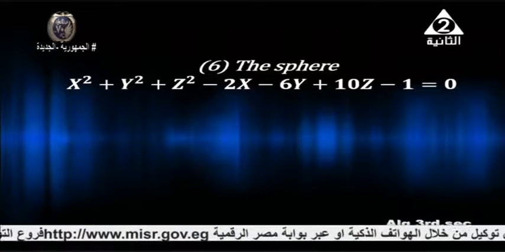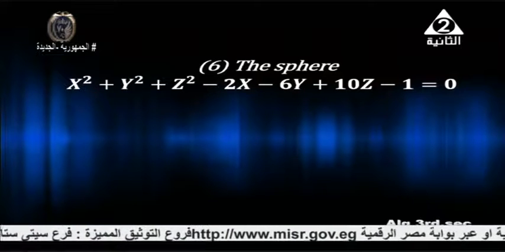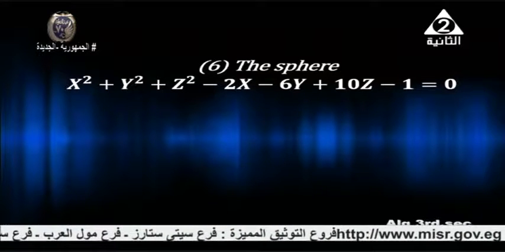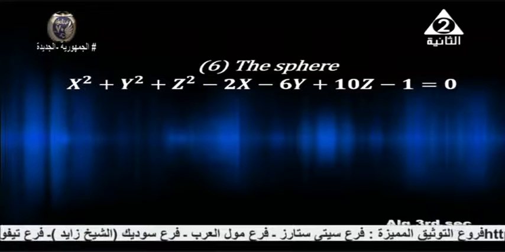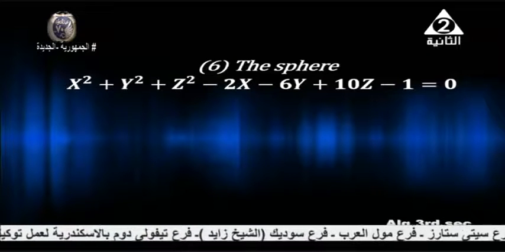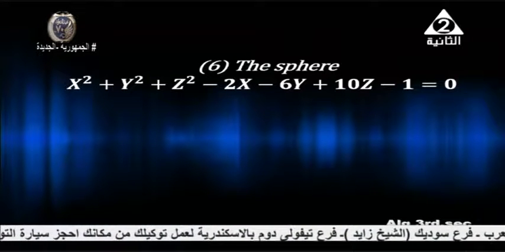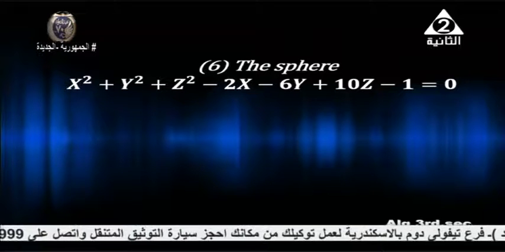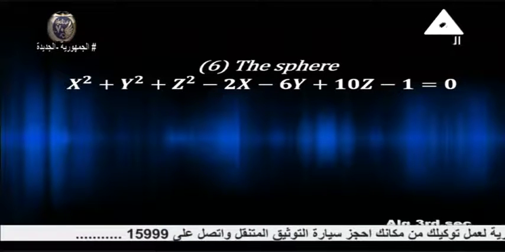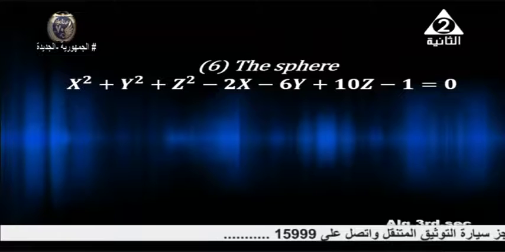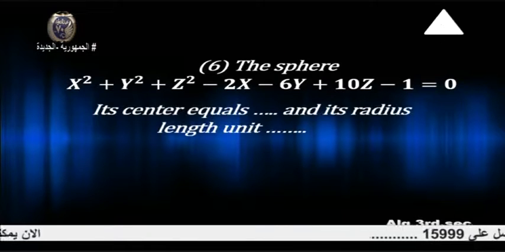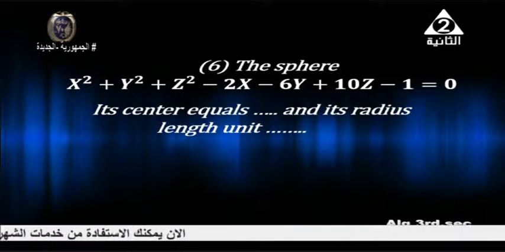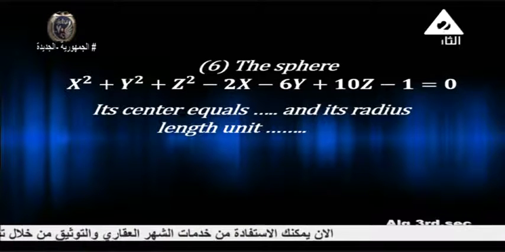After that, if we want to find the radius, what is the rule of the radius? Square root of L square plus K square plus N square minus D. What is the D? The constant. In this equation, negative 1. Look at, my dear student, the required center and the radius length unit.